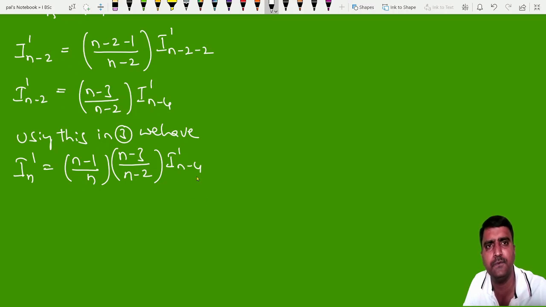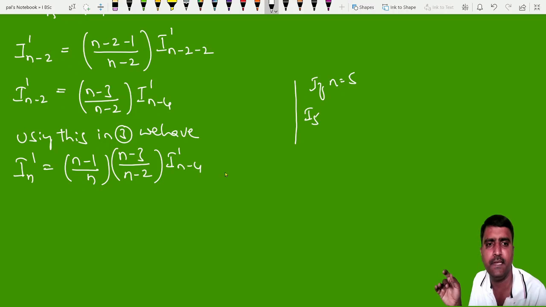So what happens? Suppose n is equal to 5. Suppose I am asking to find the integration of sine to the power of 5x. So finally we have 5 minus 4, which is 1, so we obtain I1 dash. If n is equal to 5, then I5 dash is equal to 5 minus 1 by 5 into 5 minus 3 by 5 minus 2 into I5 minus 4, which is I1 dash.